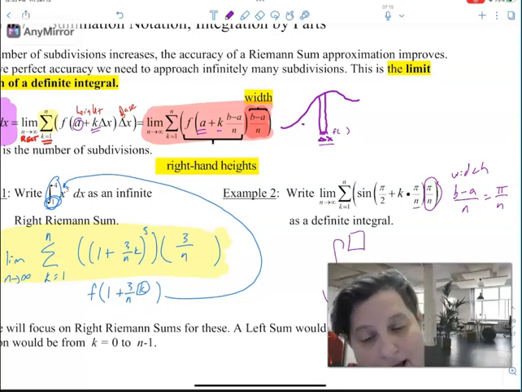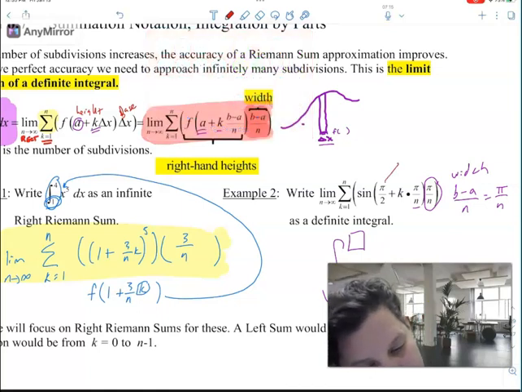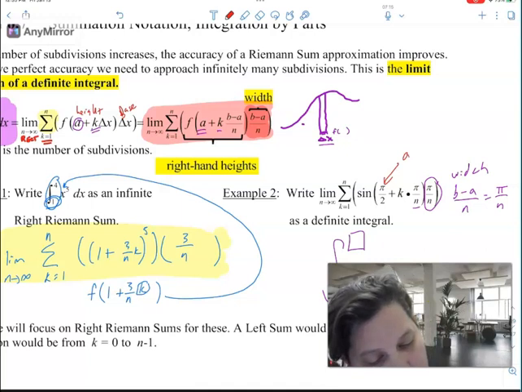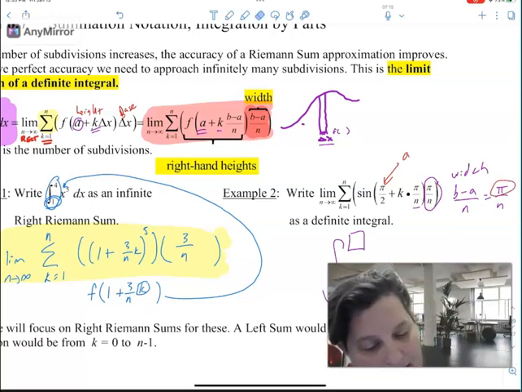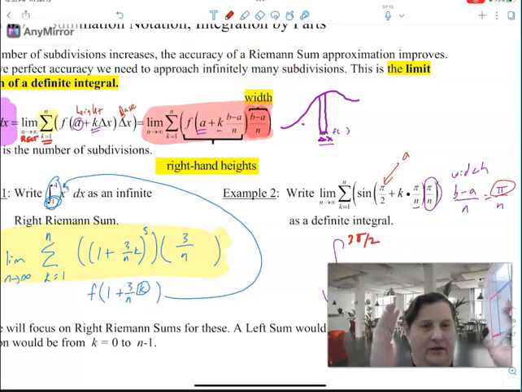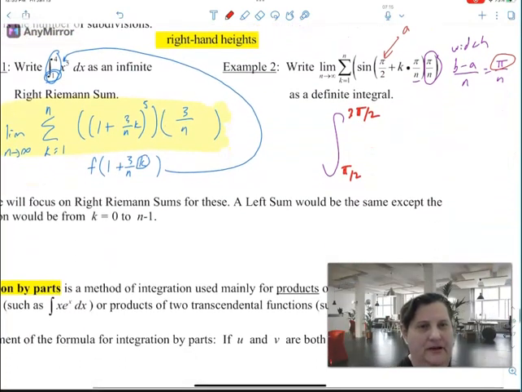Well, what's a? Well, a you can actually find right here, because this tells me where to start. So if a is pi over 2, and the interval that I'm looking at went by pi, this is pi over 2, and this is 3 pi over 2, because then the width of that is pi. Okay, makes sense?